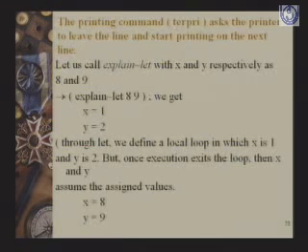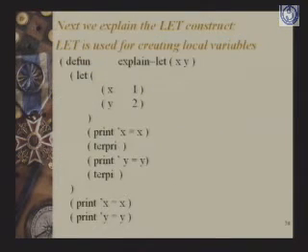So friends, let us call the function explain let with argument values 8 and 9. As I have already explained, the first print statement will be printing the value of x as 1, and the second print statement, which prints the value of y, will print 2, because these two print statements occur within the scope of let.